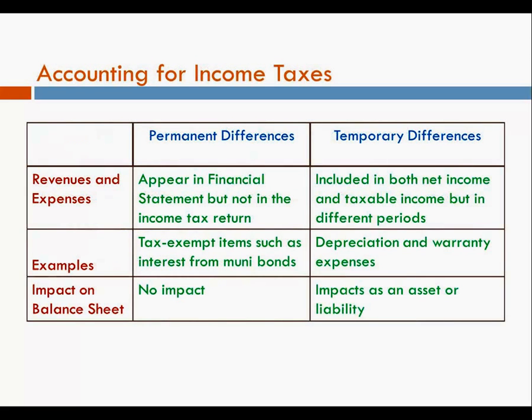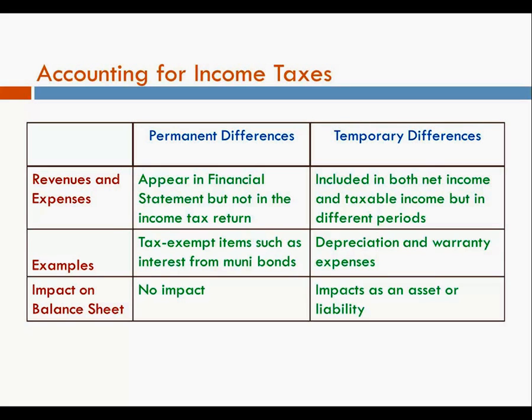The best example of a permanent difference is if you have an investment in a tax-exempt type of structure, let's say a municipal bond. You get money for that municipal bond. That money is never taxed. So you have income coming in, but it's never taxed. So that would be a permanent difference between income tax accounting and accrual accounting, or regular accounting.